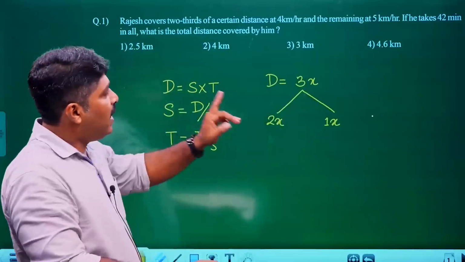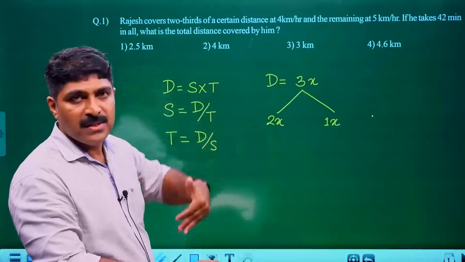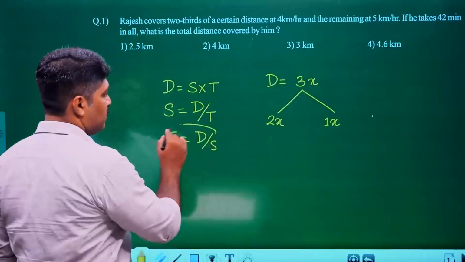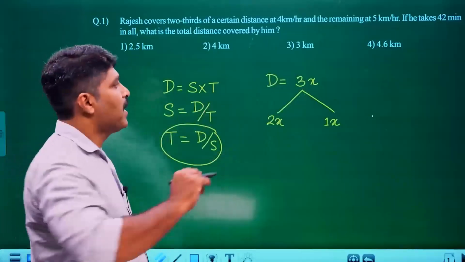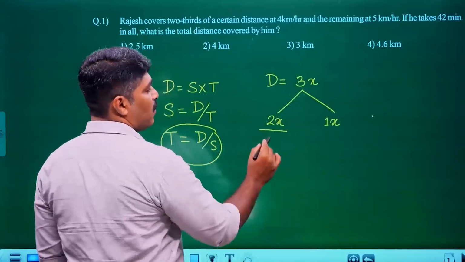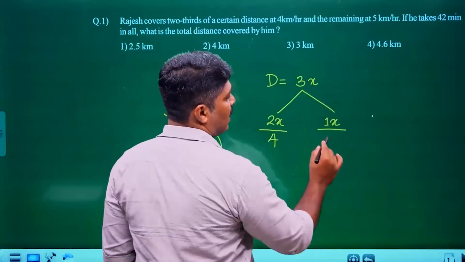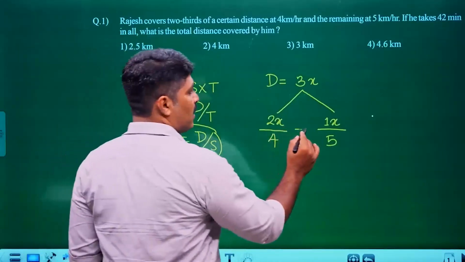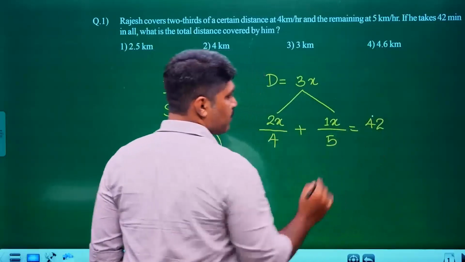Here we have the speeds for covering these two distances separately, and we use the total time given. This 2x distance is covered at 4 km per hour, and this 1x distance is covered at 5 km per hour. So this total time is 42 minutes.